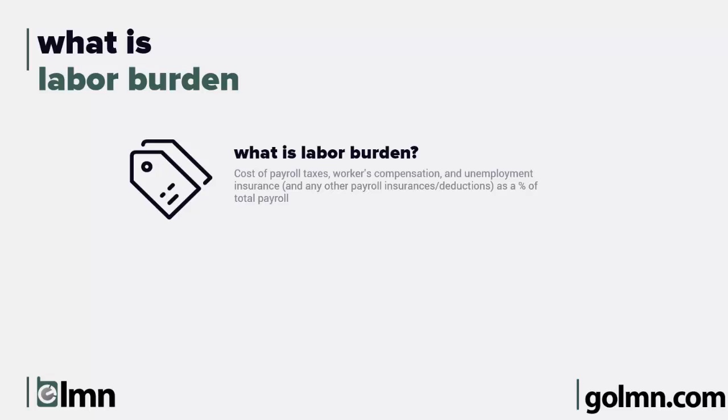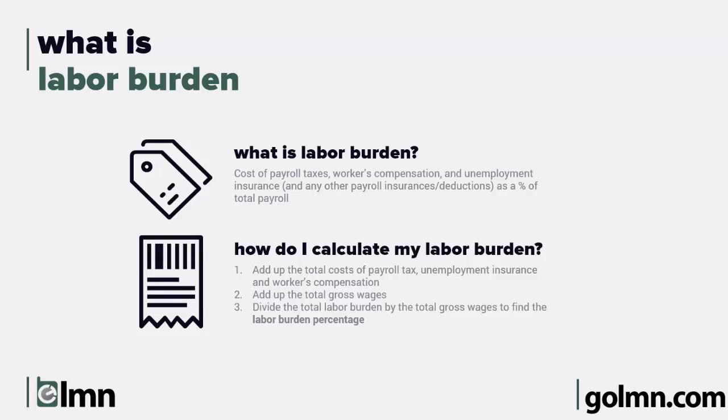Every time you made any little change, you'd have to go back and try to work out how that change would affect payroll tax and workers' comp and unemployment. It's a lot easier when you're budgeting to figure out what percentage of your total payroll these things are, and then just apply that percentage over and above whatever you're budgeting for wages. It might not be to the penny accurate, but it's going to be really close.